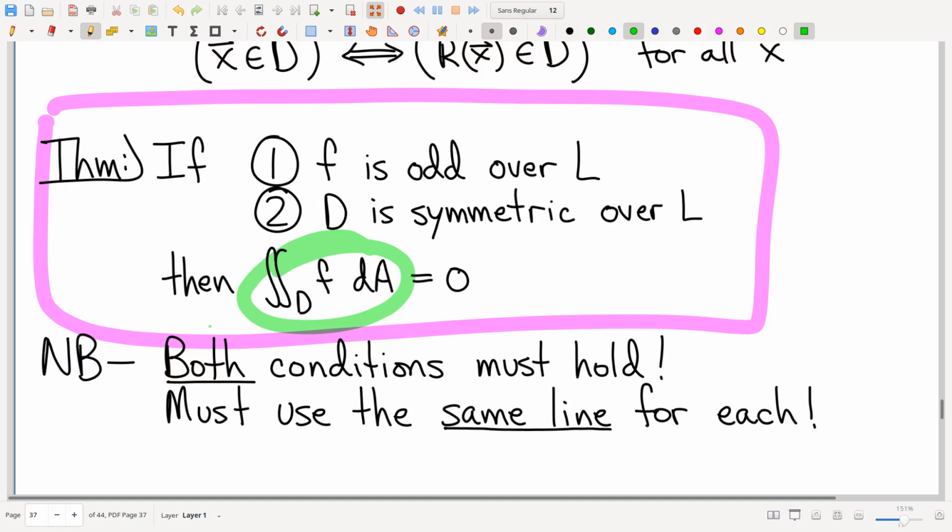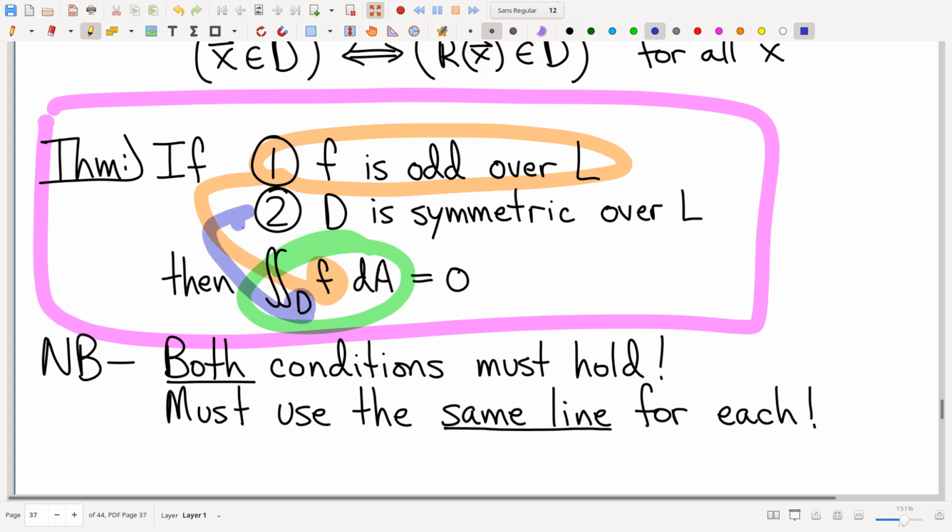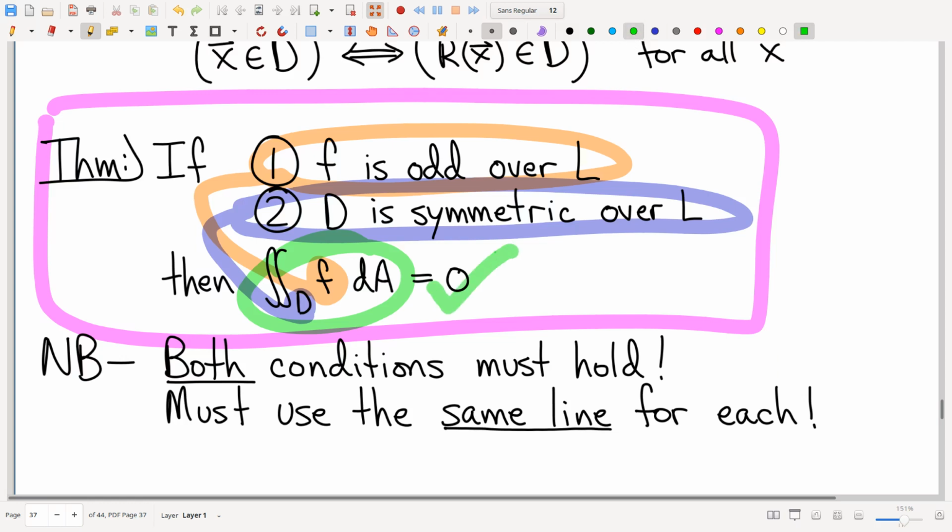If your integrand is odd, and if your domain is symmetric, then great news, that integral is 0. No slicing and dicing required. No anti-differentiation required. This is awesome.